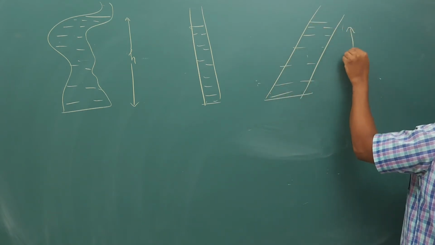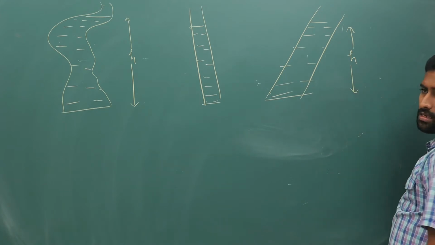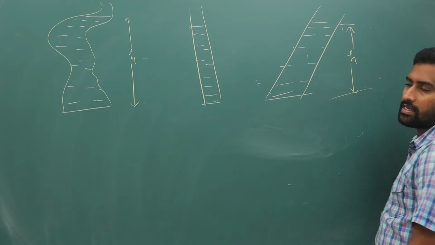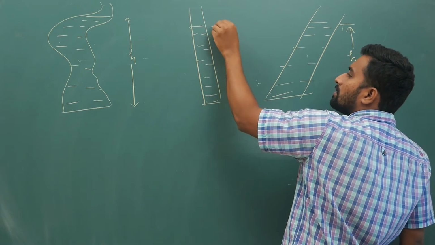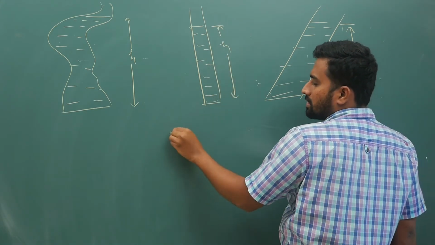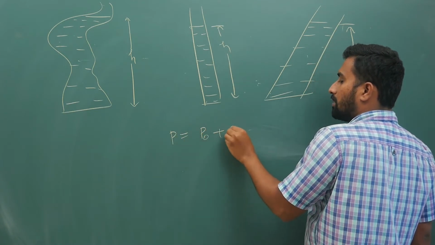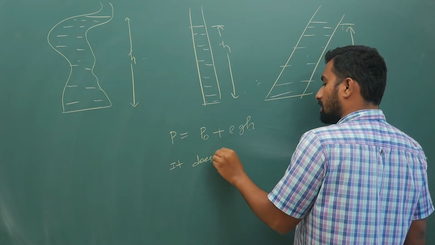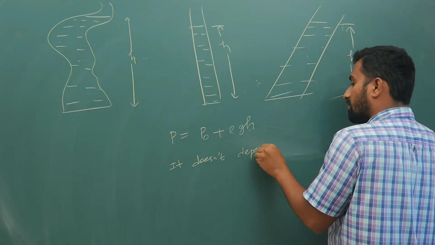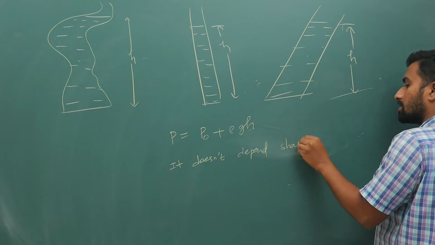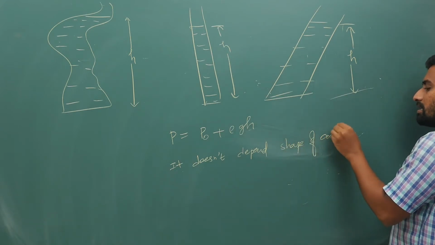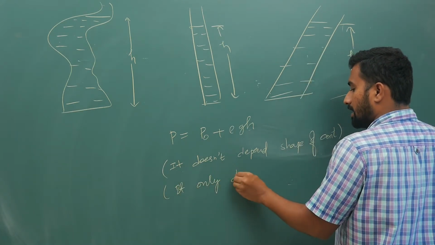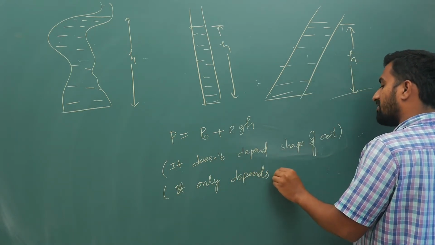But in all these cases, if the effective height, that is the perpendicular distance from the top surface of the liquid to the bottom of the container, is h, then in all these cases your pressure is going to be P naught plus rho G H. It doesn't depend on the shape of the container. It only depends on the effective height.